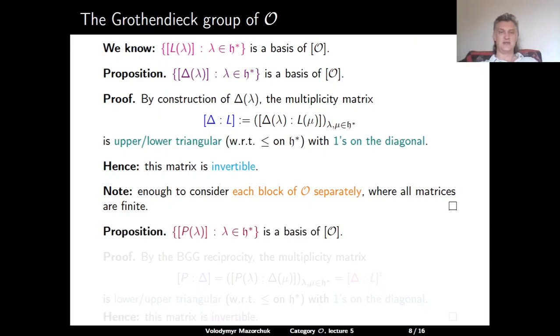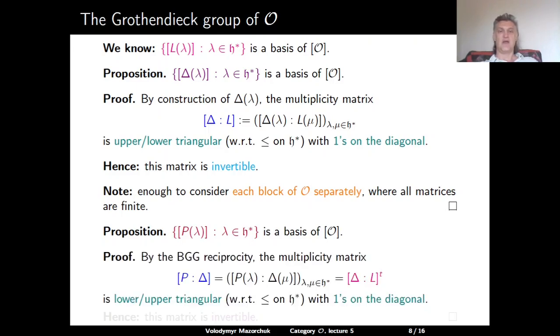Our next observation is that even the classes of indecomposable projectives in category O form a basis of the Grothendieck group. To prove this, we recall the BGG reciprocity, which tells us that the multiplicity matrix of projectives over Verma modules, which means the matrix which computes the multiplicities of Verma modules as subquotients of the Verma filtrations of indecomposable projective modules, is the transpose of the multiplicity matrix of Verma modules over simple modules.